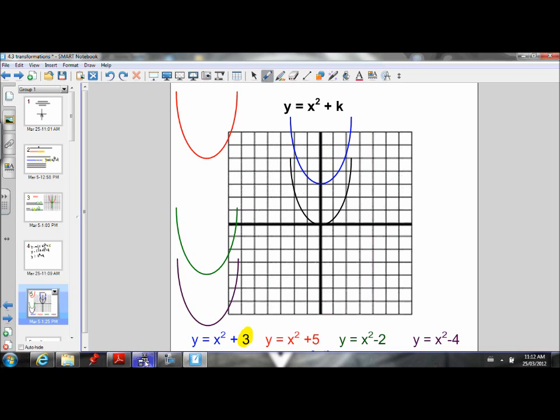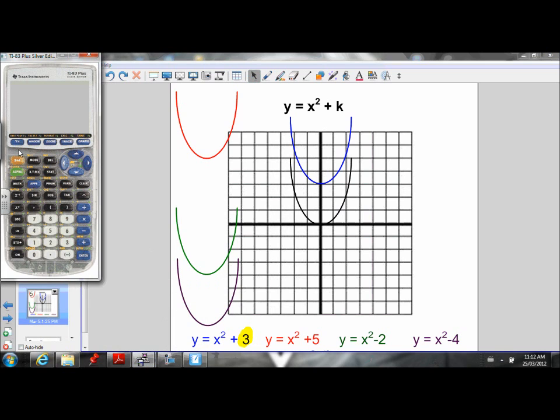If we use our graphing calculator to verify that, we turn it back on and input a third function, y equals x squared plus 5. If we graph that, we will notice that the parabola has now moved up 1, 2, 3, 4, 5 units.